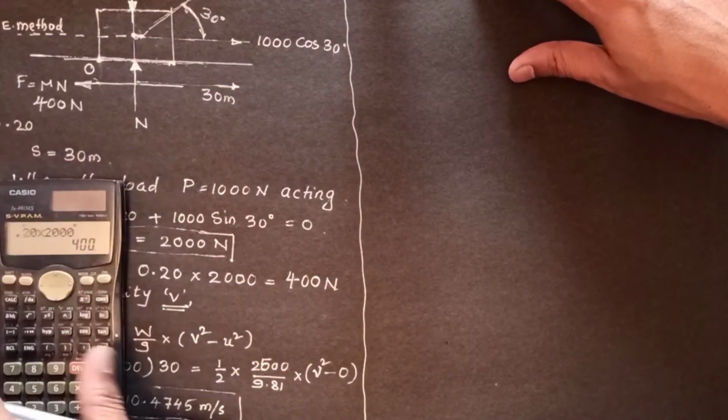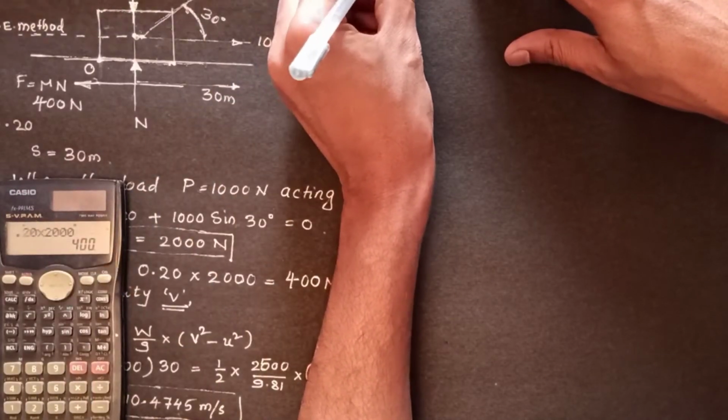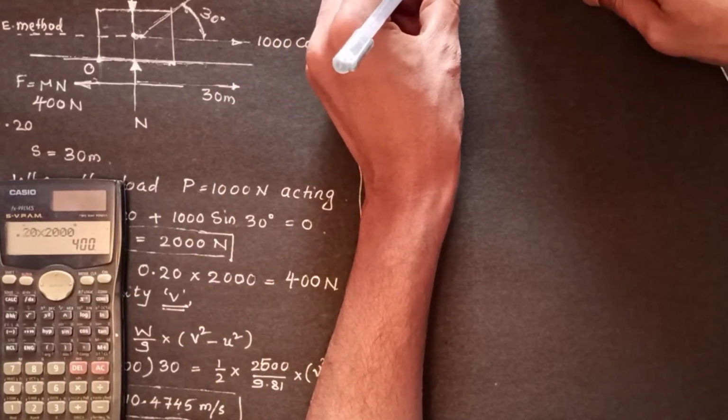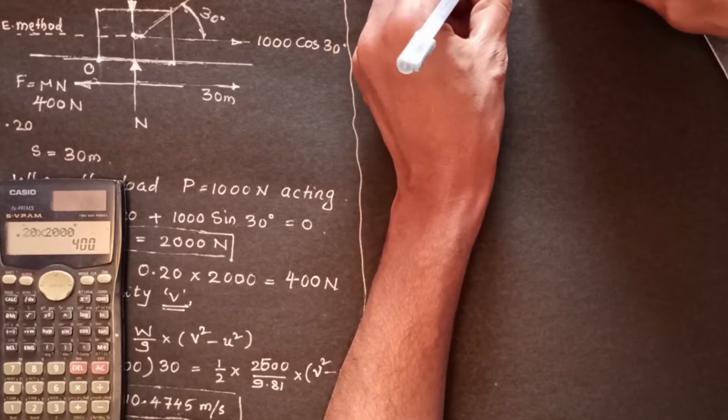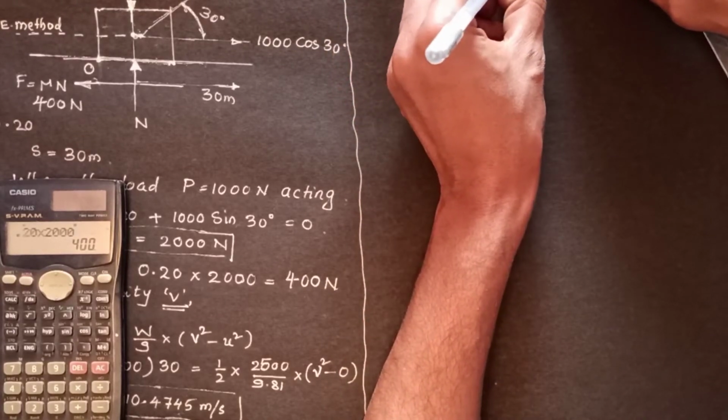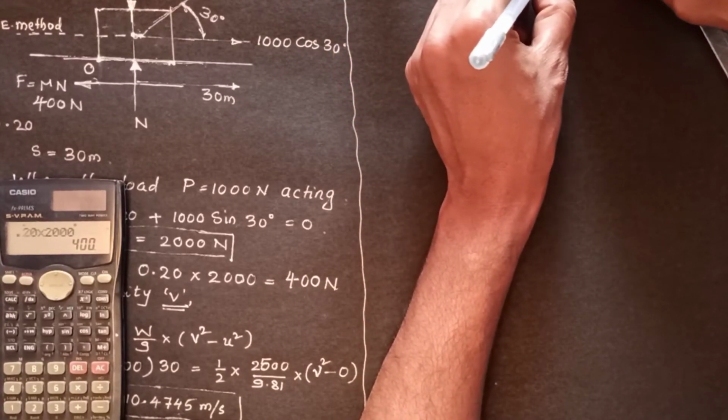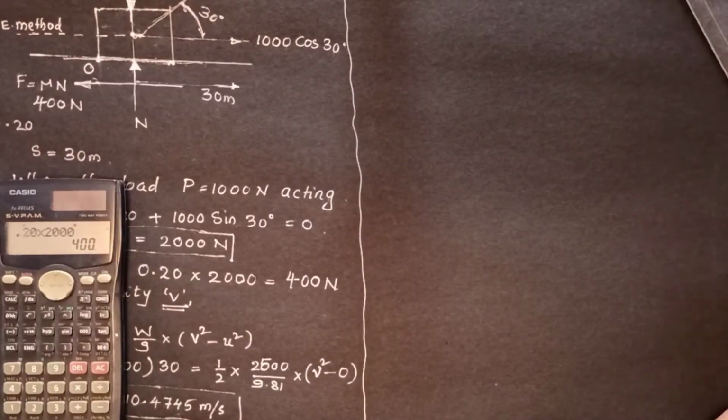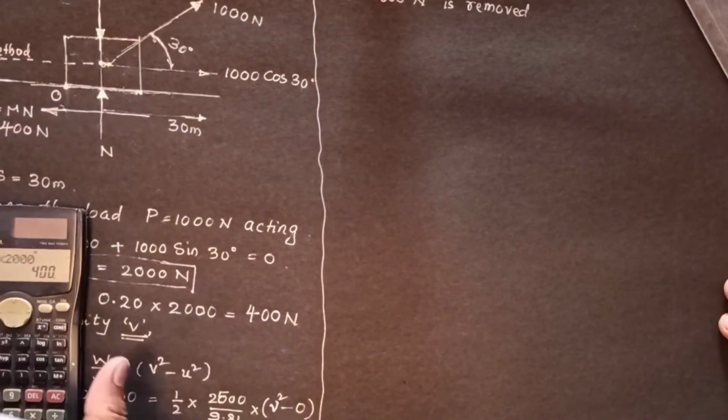Now in the second case, the load 1000 Newton is removed. So this is the second case you have to consider now.